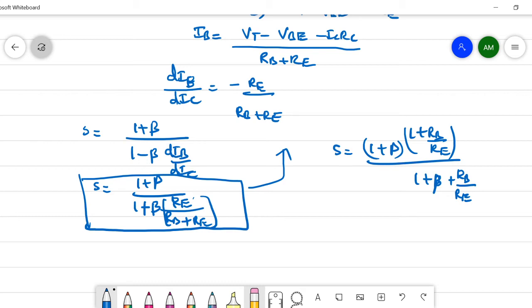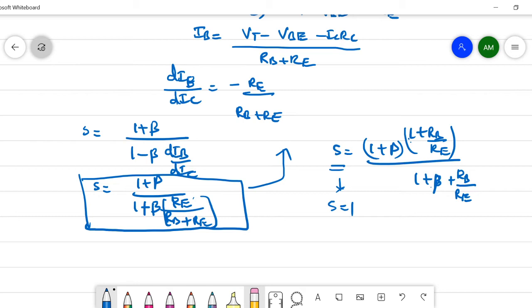So from this equation we can say that the S value is a very low value. It is approximately equal to 1 when the ratio of RB by RE is very small compared to 1. So when it is low compared to 1, we ignore this term, so (1 plus beta) by (1 plus beta). Here also ignoring, so (1 plus beta) by (1 plus beta). Then finally S is equal to 1.